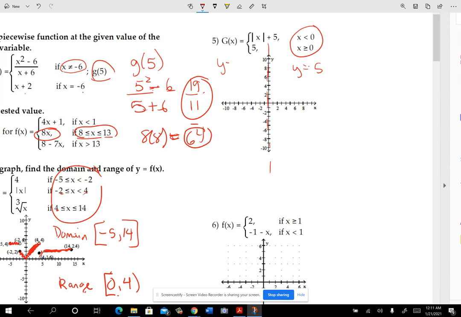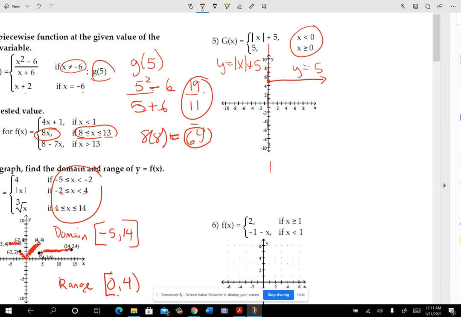When I'm to the left, I'm going to be graphing this. And so y equal 5 is a horizontal line up there at 5. And I use that when I'm at 0, so I'm going to put a closed dot on that end.